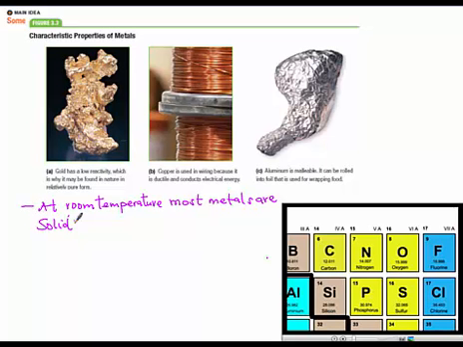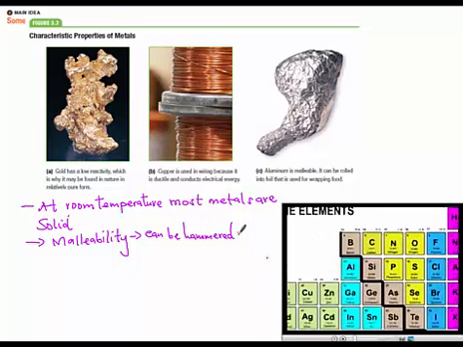As we have said, metals have the following properties. First, malleability: the ability to be hammered into shape. Second, they are ductile, which means they can be rolled into sheets.